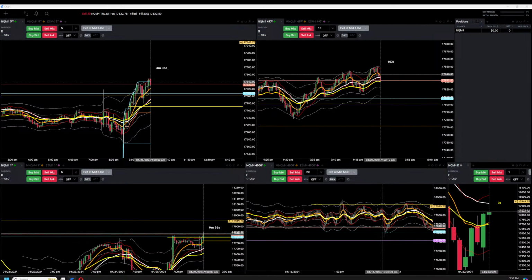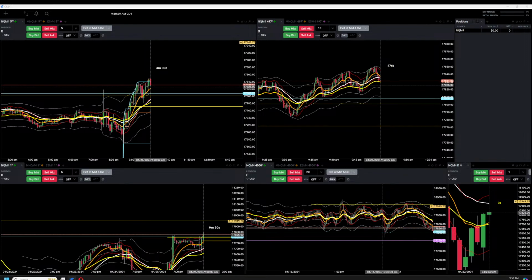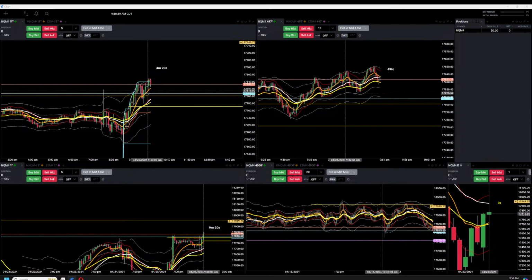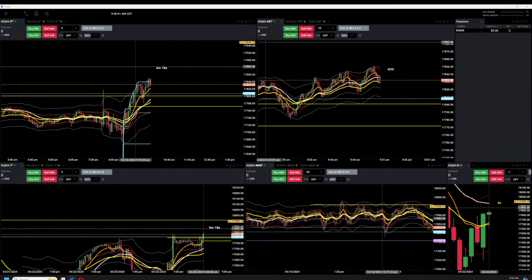Gosh, this is getting to be very frustrating. Once again, I took profit there, so I'm just slowly banking, but I was up 20. I probably only made 12 on that. No, I made less than that, 8.